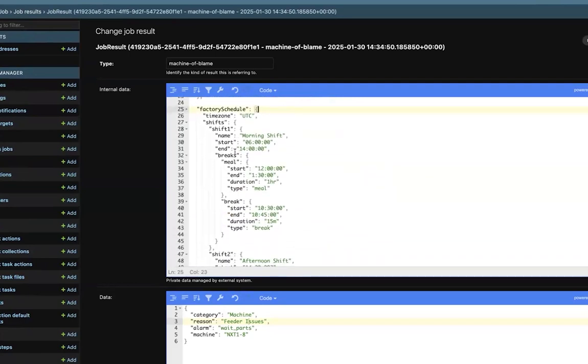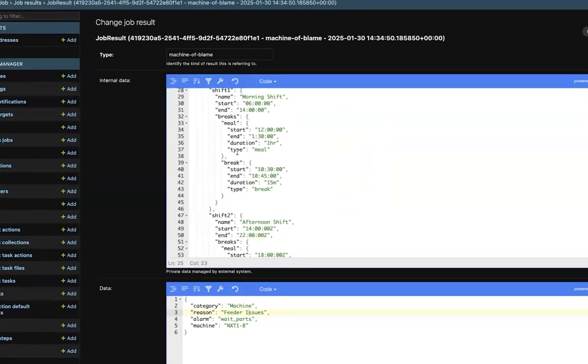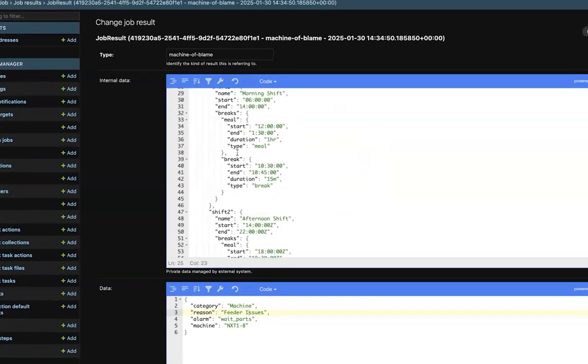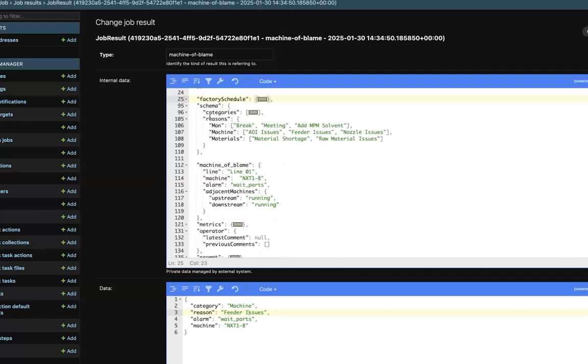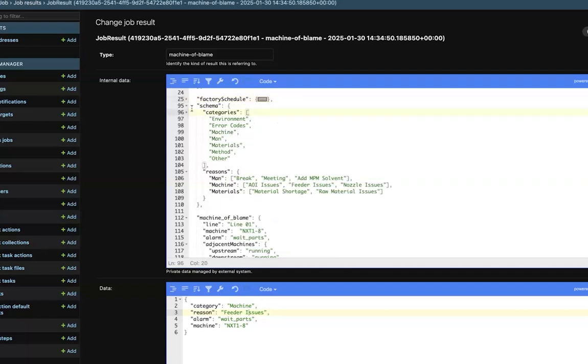So exactly what shifts should be working, when a meal or break might take place. And this is something that we have features to store in our system. We can also ingest this from other systems, like an ERP. Then we give it the schema or the setup for categories and reasons, right?